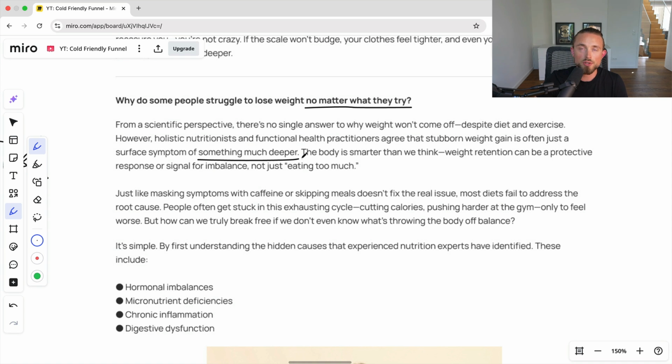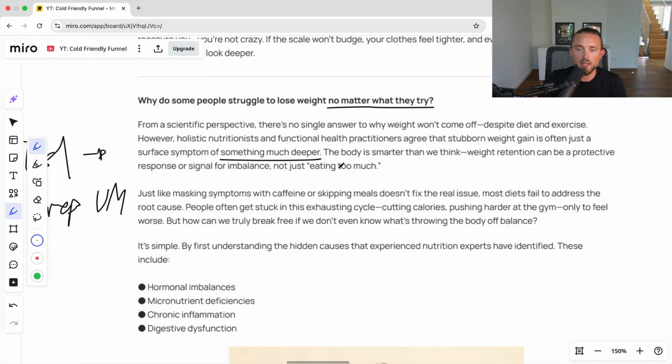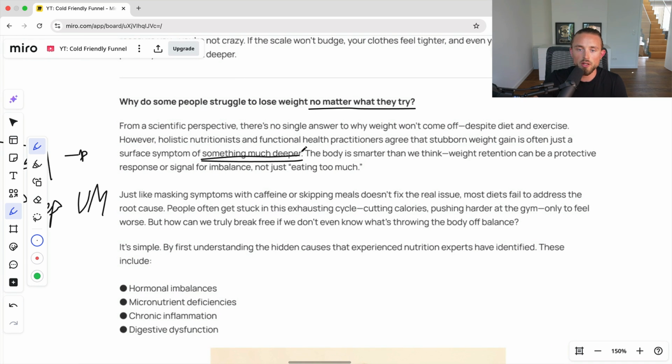And here we already want to educate them and give them the feeling that there's something deep that you have to fix to then lose weight, right? So here we educate them, and we also prep them for the unique mechanism that we want to pitch to them later, right? So we already plant the idea in the mind that it's something much deeper.